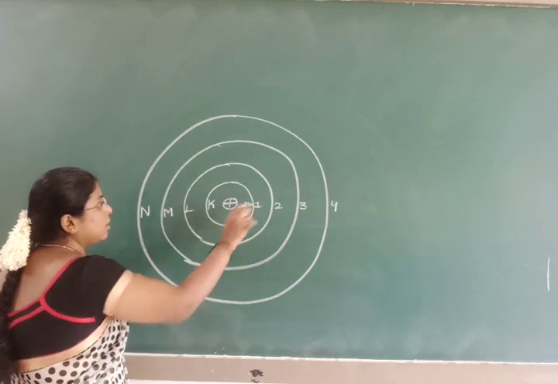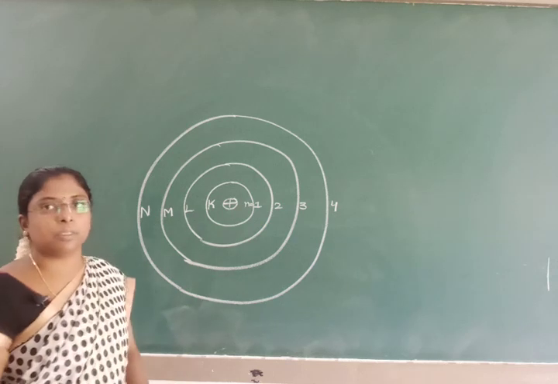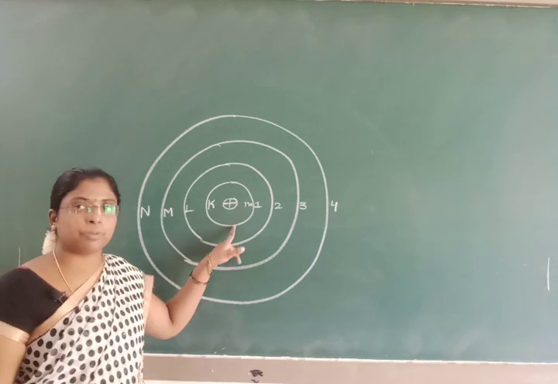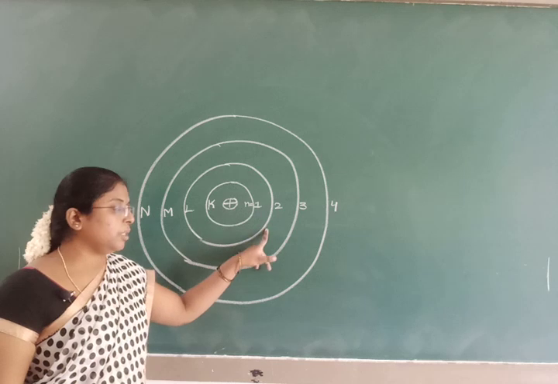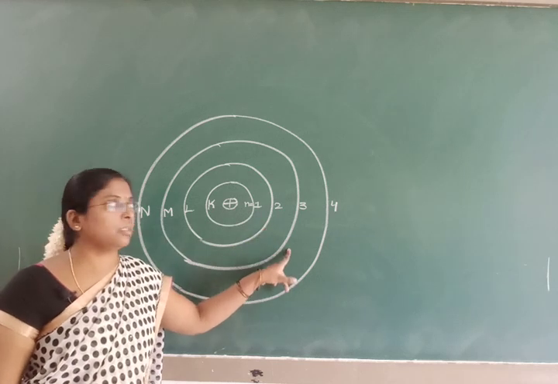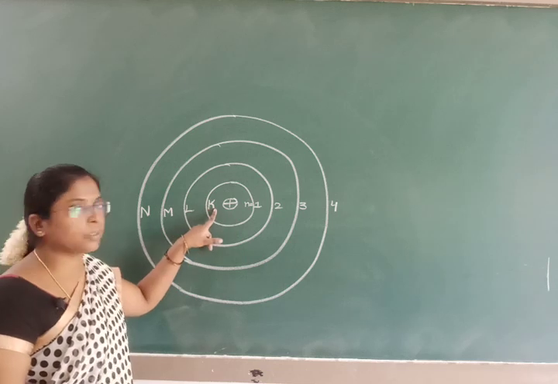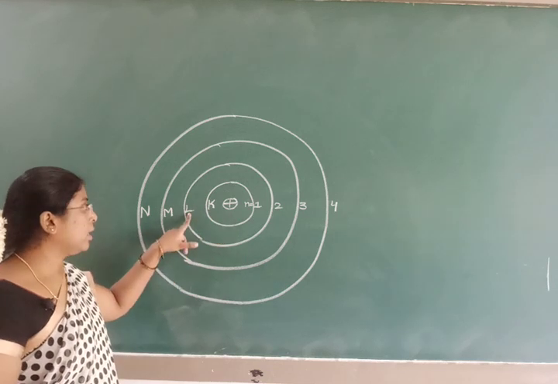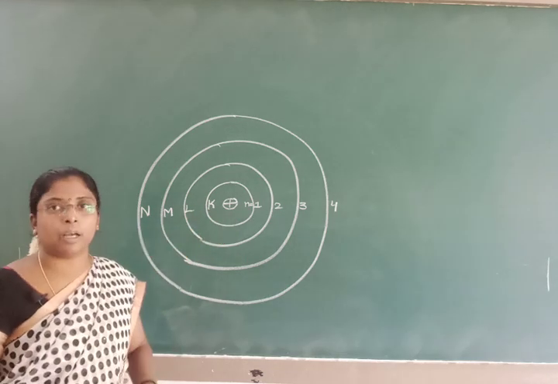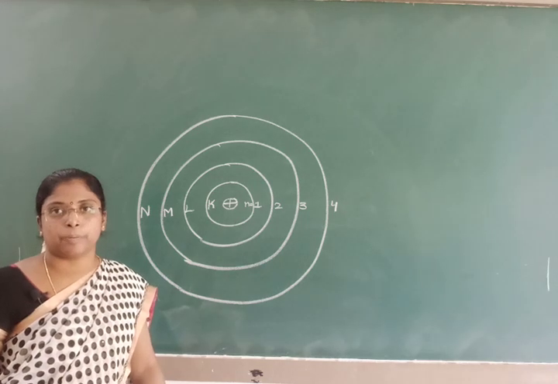What does this n represent here? n equal to 1 means the electron belongs to the first shell. n equal to 2 means second shell, 3 means third shell, 4 means fourth shell. Or we can represent them as K, L, M, N and so on.